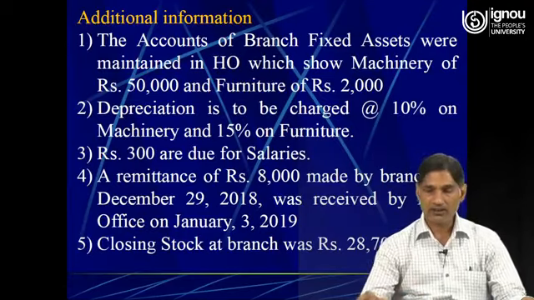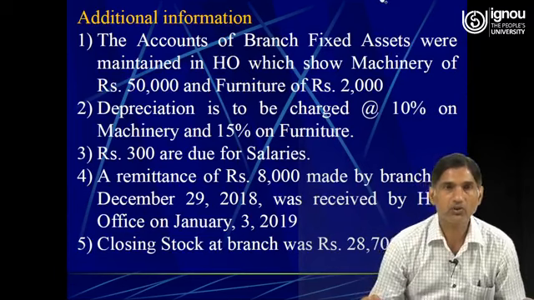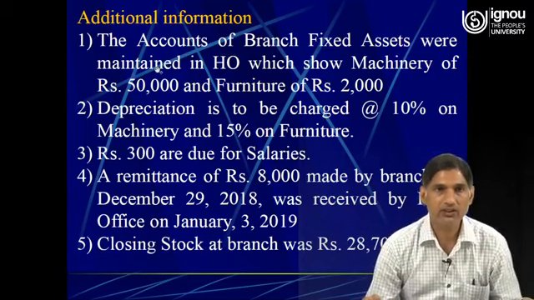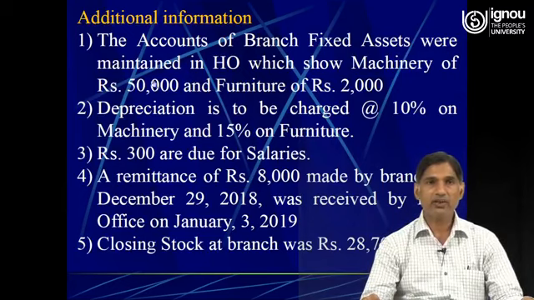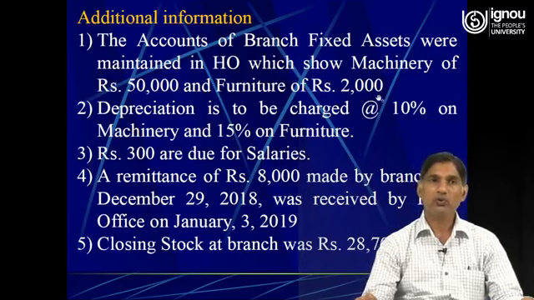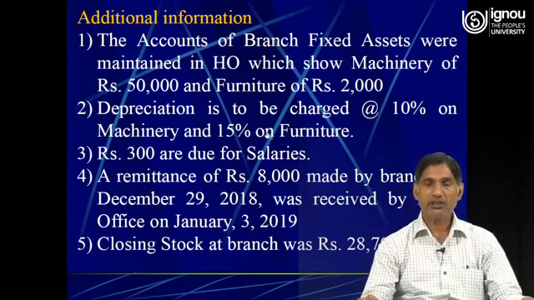Now the additional information has also been provided. The first one is the accounts of branch. Fixed assets were maintained in head office, which shows machinery of rupees 50,000 and furniture of rupees 2,000. Depreciation is to be charged at the rate of 10% on machinery and 15% on furniture. Rupees 300 are due for salaries.